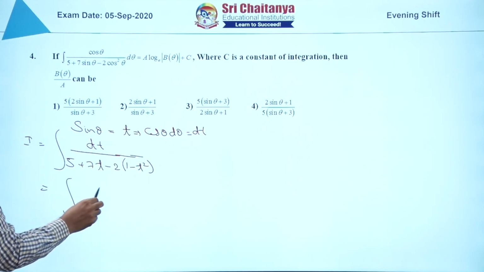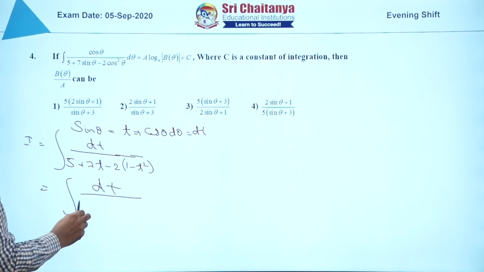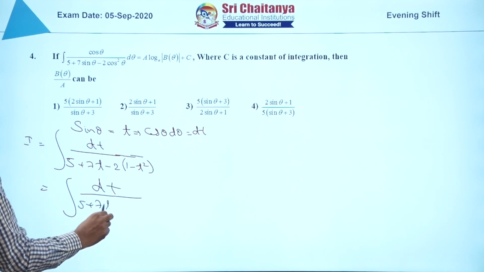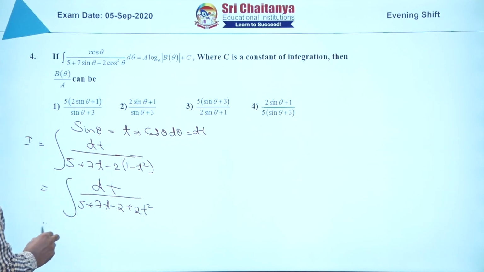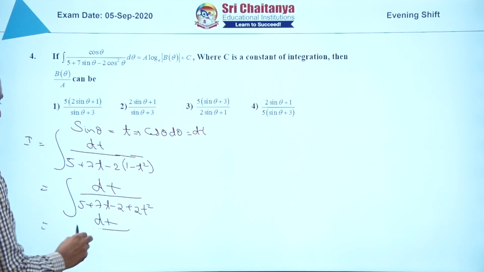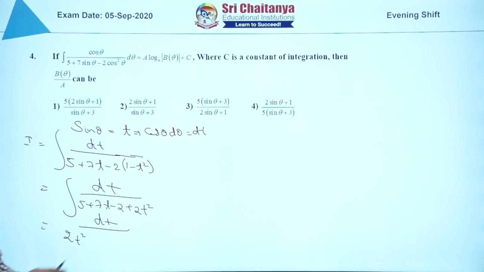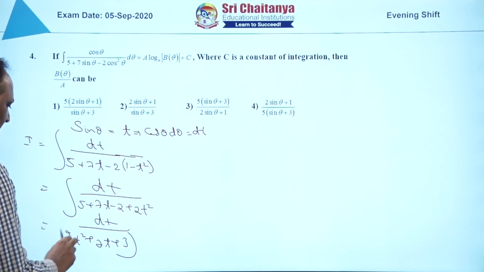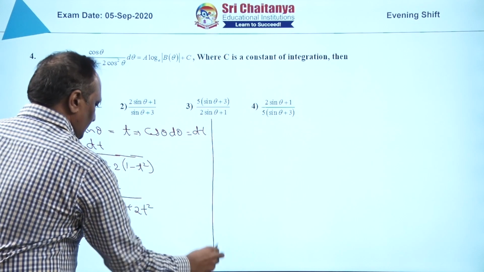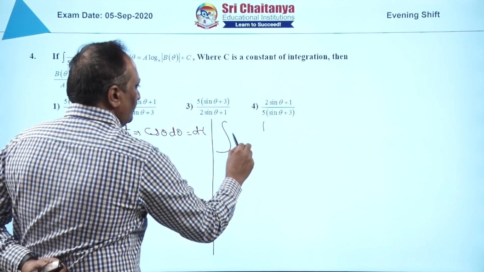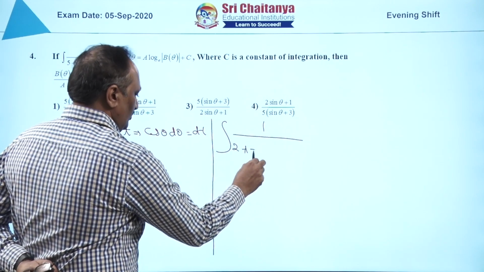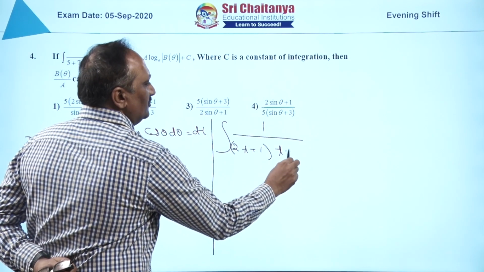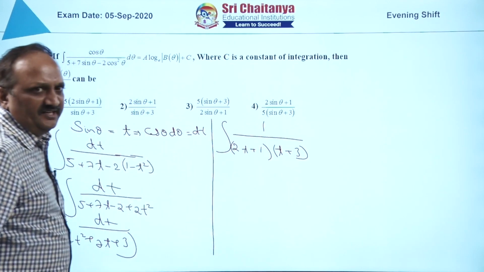So, integral dt by 5 plus 7t minus 2 plus 2t square, or integral dt by 2t square plus 7t plus 3, which is nothing but integral 1 by factorization, 2t plus 1 into t plus 3.